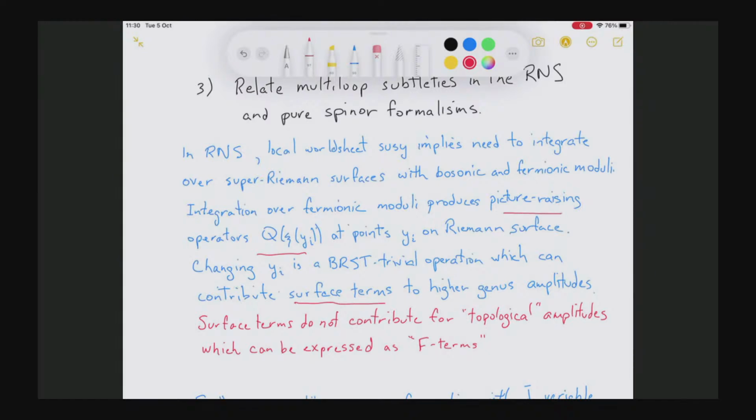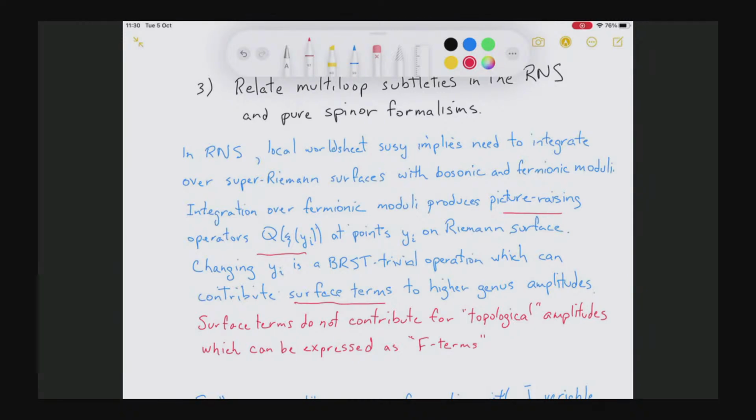Whereas if it's non-split, you need to be careful. You need to split the moduli space up into different regions, and the picture raising operators will be in different places in different regions. There's a whole formalism that was worked out recently by Sen and Witten on how to glue these different regions together. That's what I meant by these subtleties in the RNS formalism.